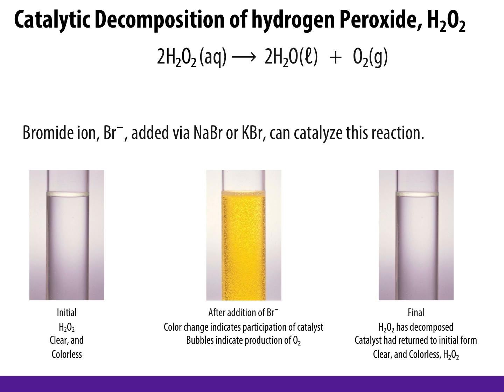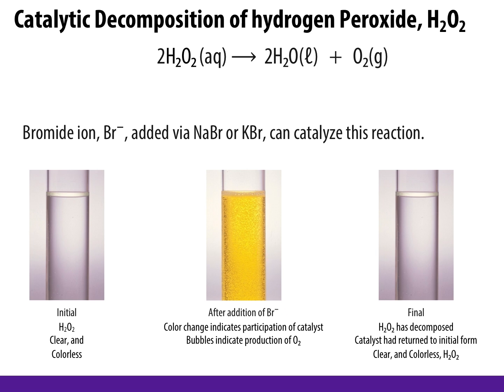Okay, so here's an example showing what happens with the bromide catalyzed decomposition of hydrogen peroxide. We add the bromide via NaBr or KBr, and when we do that, we see a color change. Br minus is colorless, but when we add Br minus, we see this yellow substance formed.